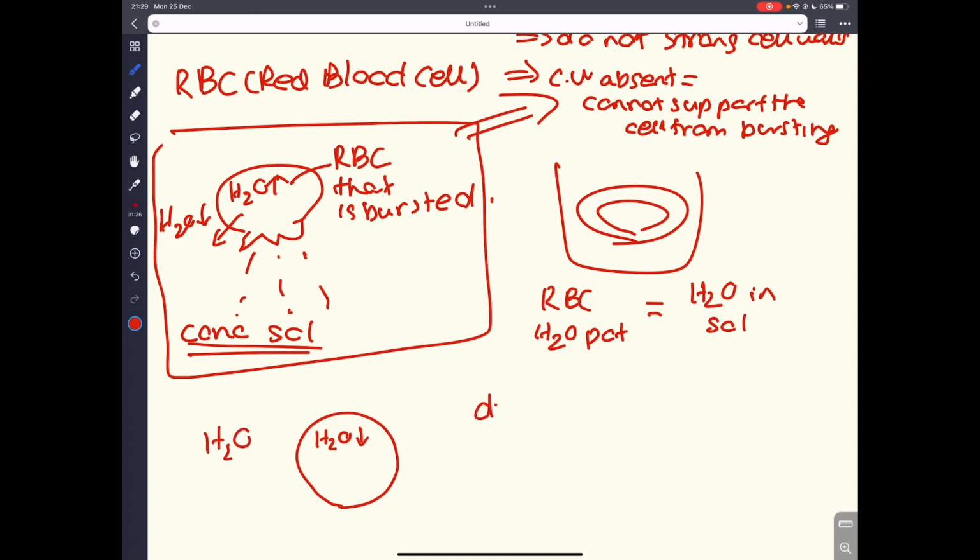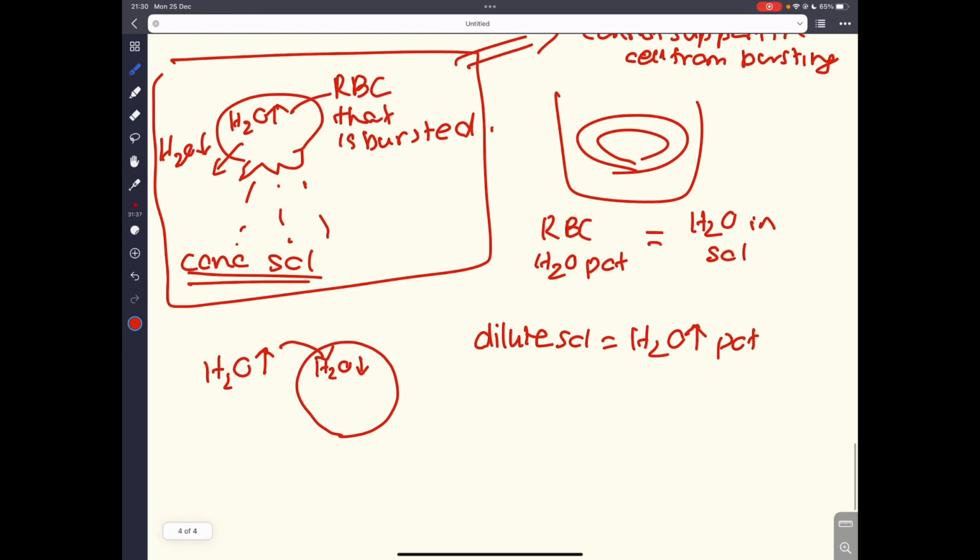A dilute solution means there is high water potential. This means water is going to go from the solution to inside the cell. So the cell is going to swell up, then eventually it will burst.